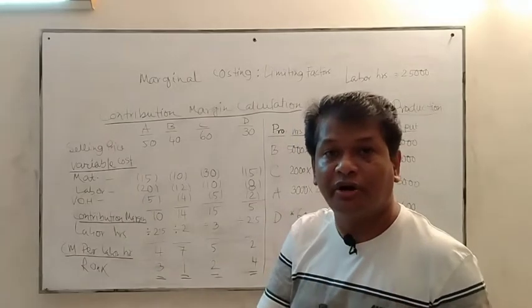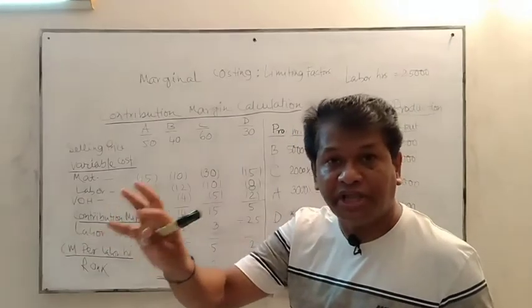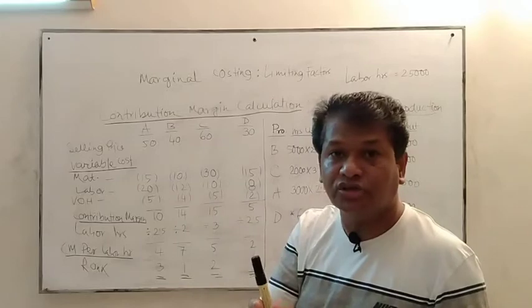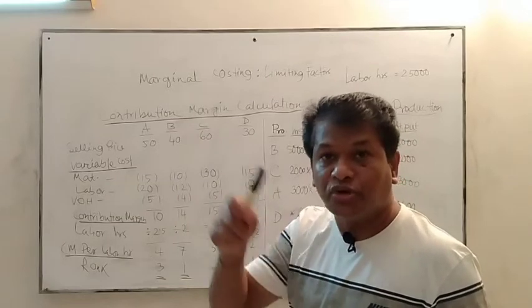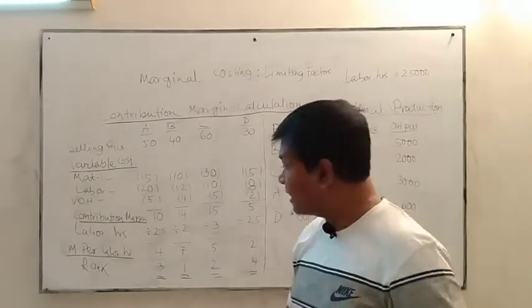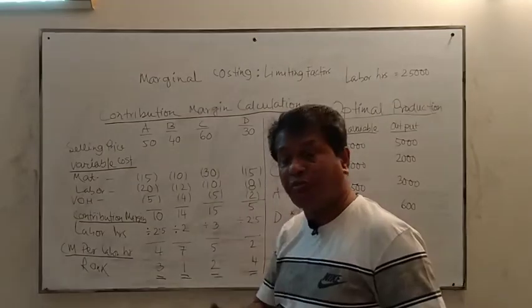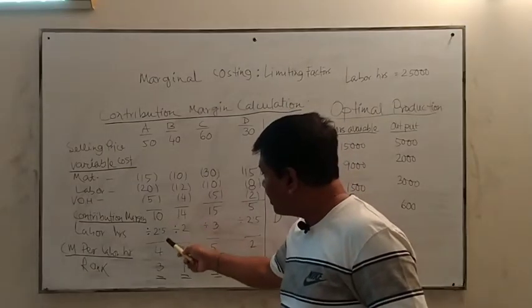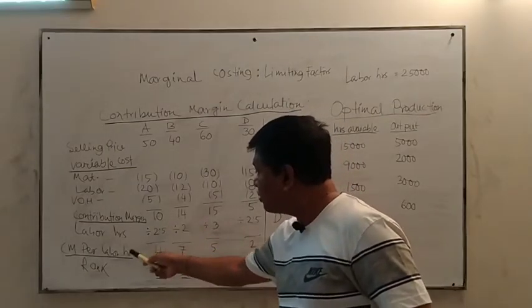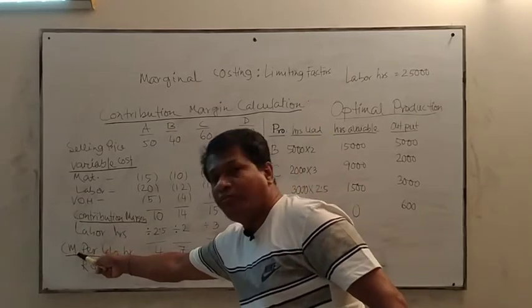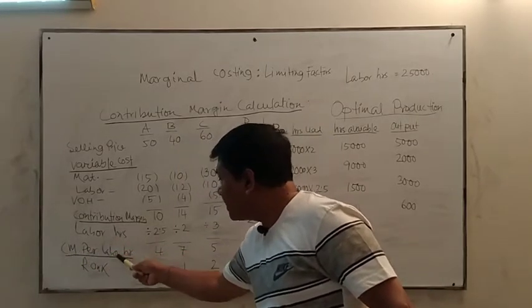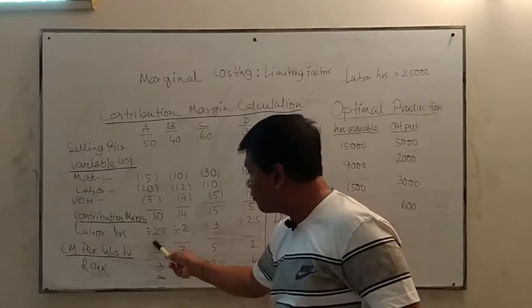Contribution margin per unit divided by labor hours to produce 1 unit. So this is the terms of calculating the contribution margin per labor hour. So 10 divided by 2.5, that is the 4 is the contribution margin. CM for contribution margin per labor hour. So this is the 4.